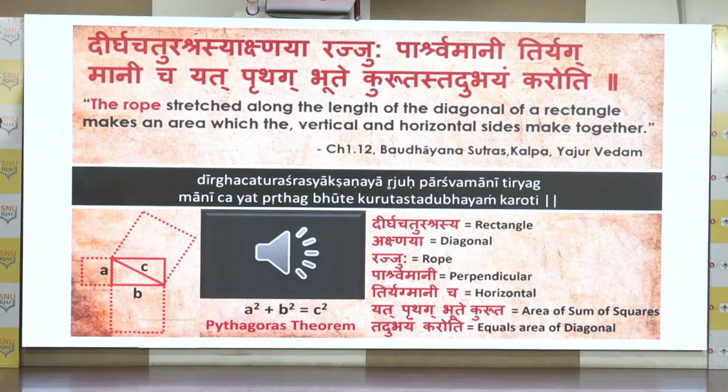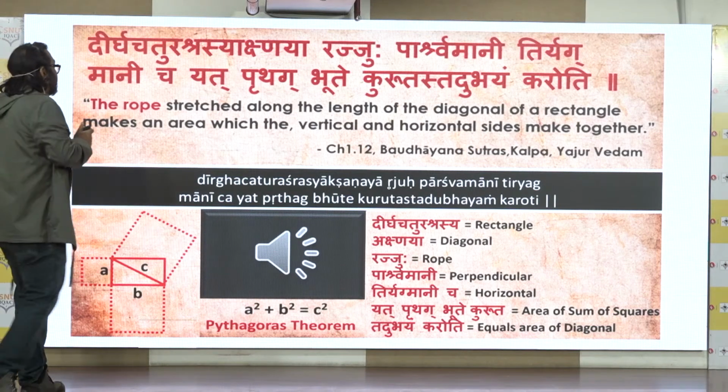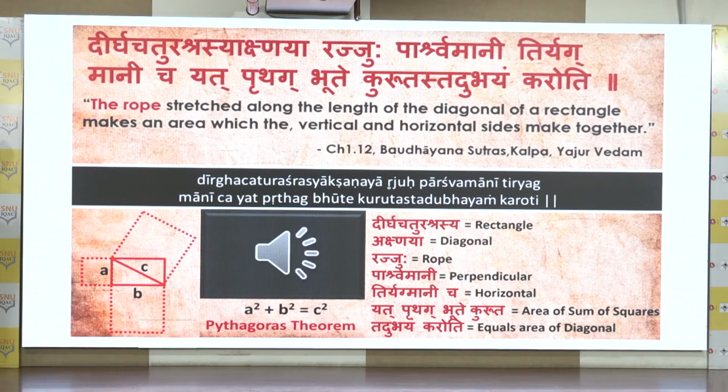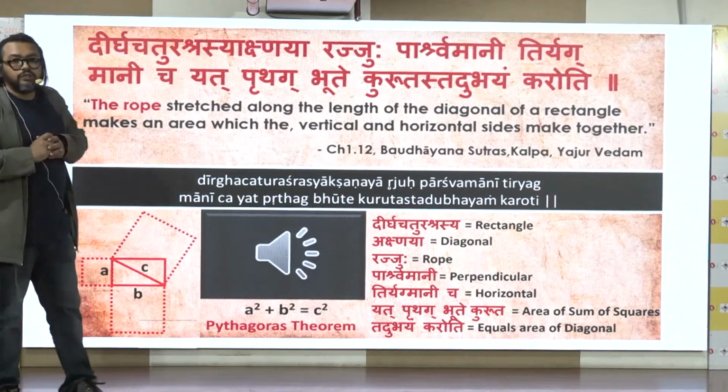Now, if I can read it out: the rope stretched along the length of the diagonal of a rectangle makes an area which the vertical and the horizontal sides make together.